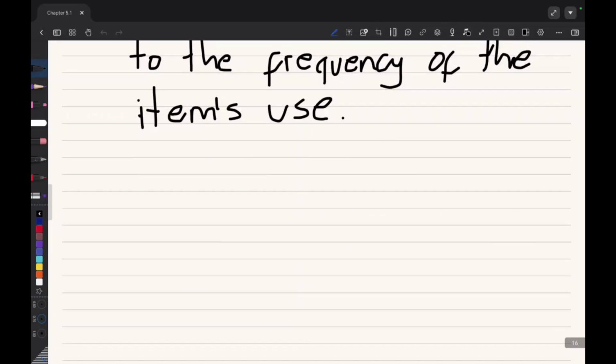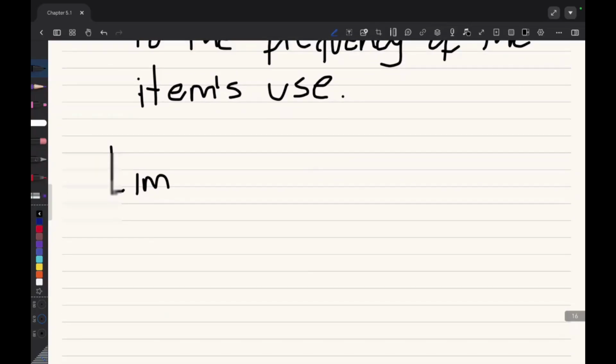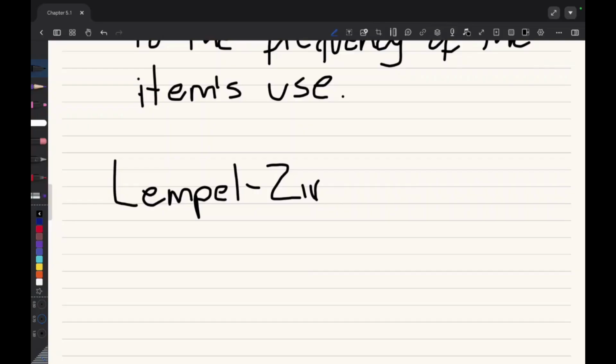Now, the last encoding technique is called the Lempel-Ziv technique, which was made by Lempel and Jacob Ziv, I think.